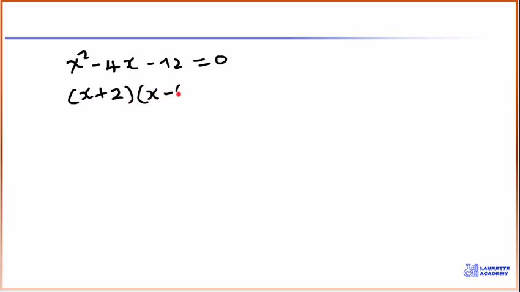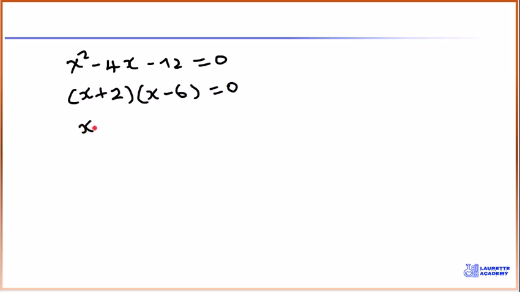This will give us x squared minus 4x minus 12 is equal to 0. This is a quadratic equation which you can solve easily by factorization. And we can factorize this as x plus 2 times x minus 6 equals 0.